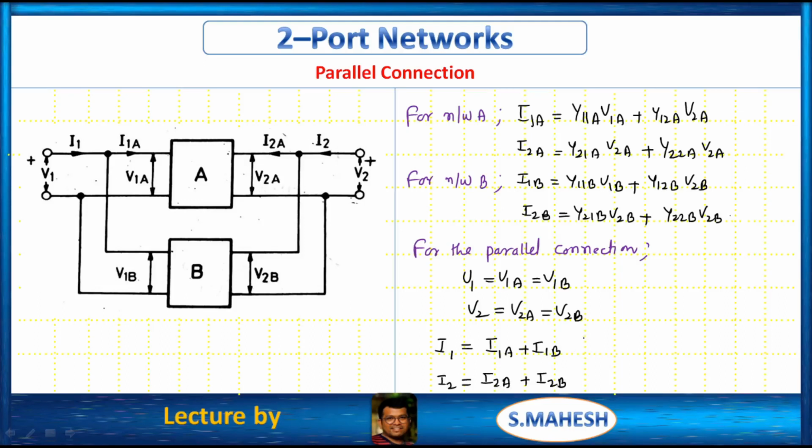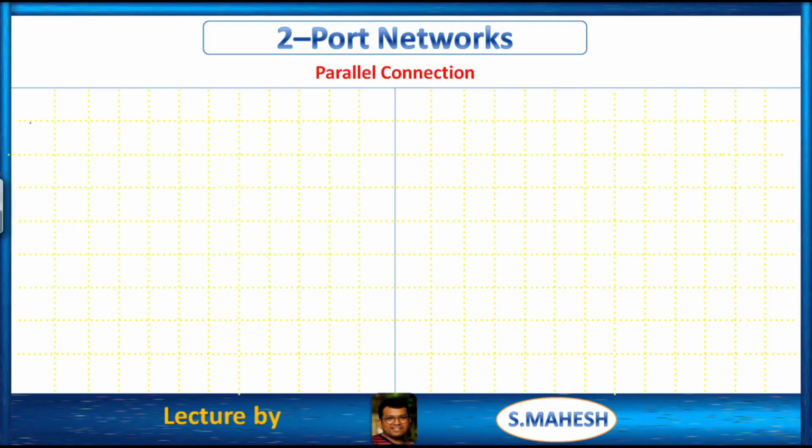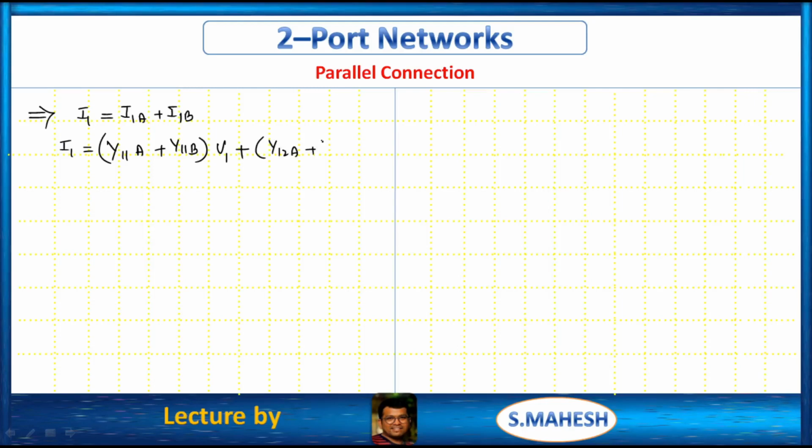So first we have to get I1, later I2. Therefore I1 is I1A plus I1B, which finally gives (Y11A plus Y11B) V1 plus (Y12A plus Y12B) V2.